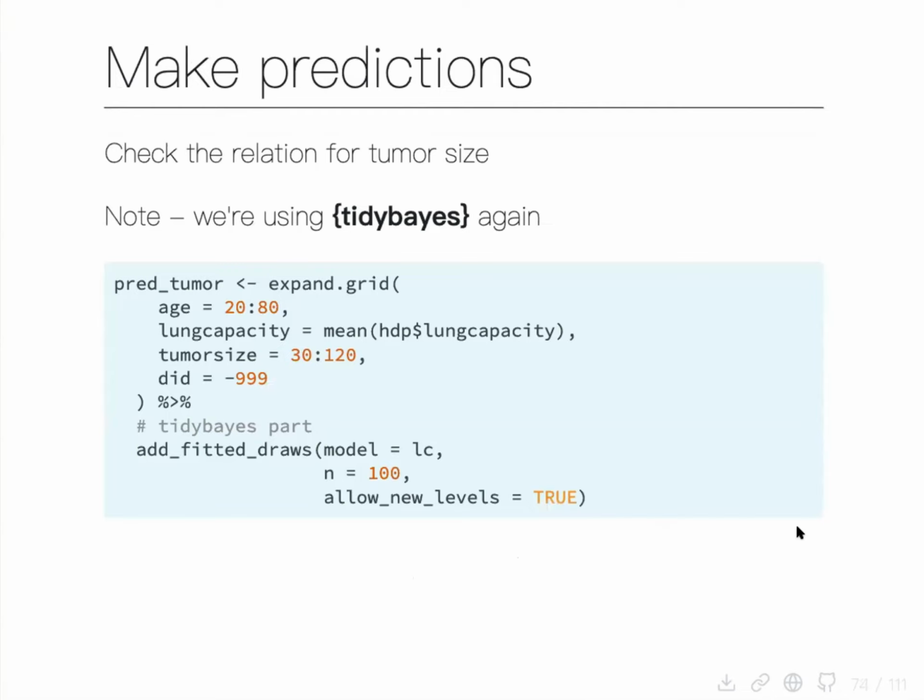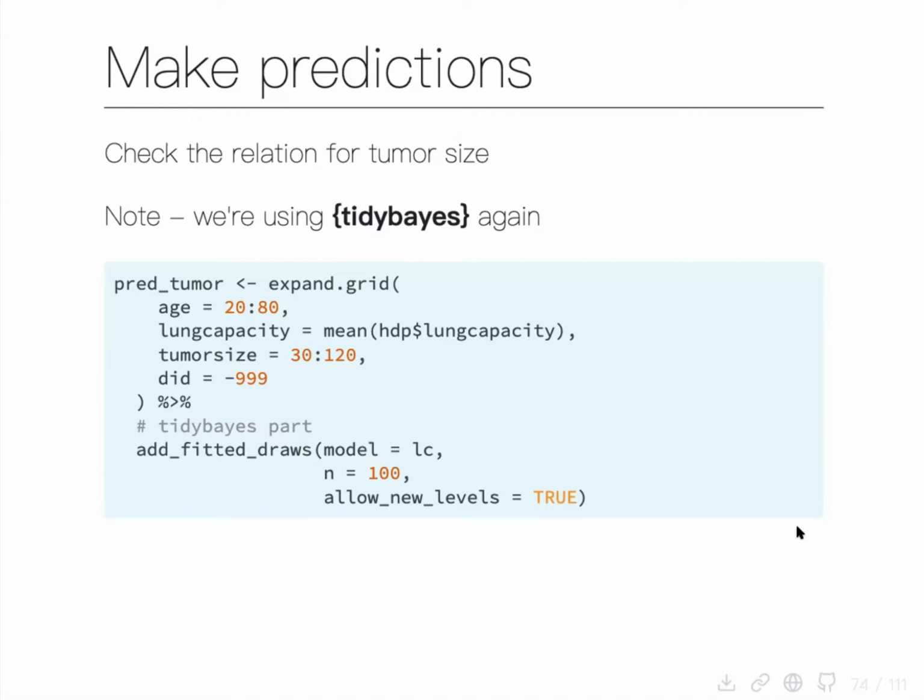We can also make predictions in a similar way that we make predictions with maximum likelihood. However, the difference is we probably don't want to just make one prediction because we have posterior distributions, right? So what we want to probably do is make X number of predictions all from our posterior distribution.